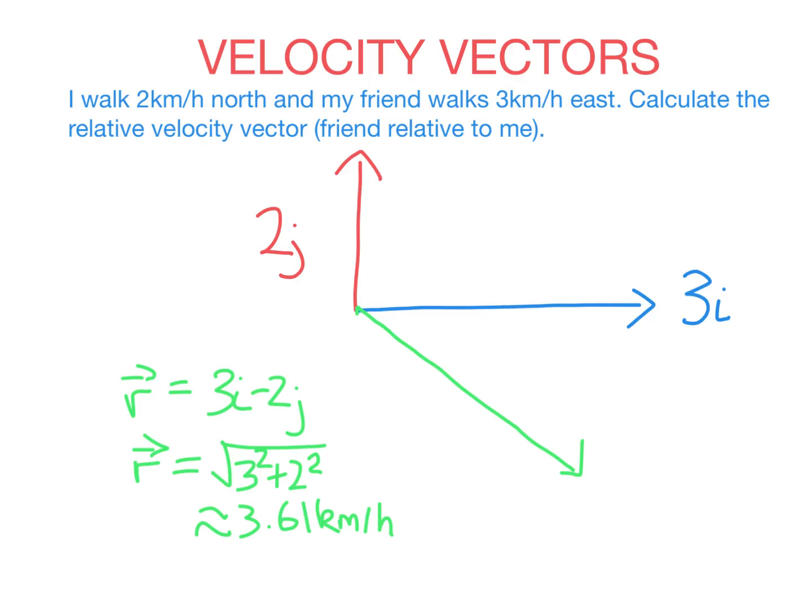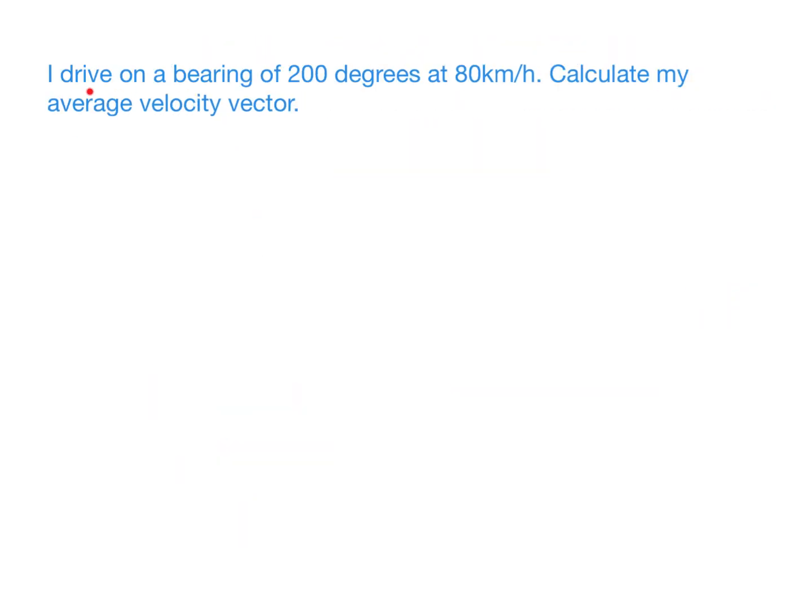All right, let's now look at another question. I drive on a bearing of 200 degrees at 80 kilometers an hour, calculate my average velocity vector. So it gets a bit tricky with bearings because remember, they don't follow the same pattern of angles as does the unit circle.